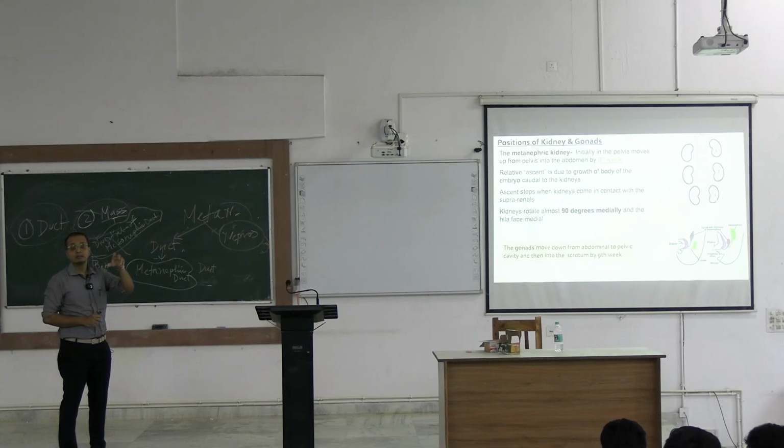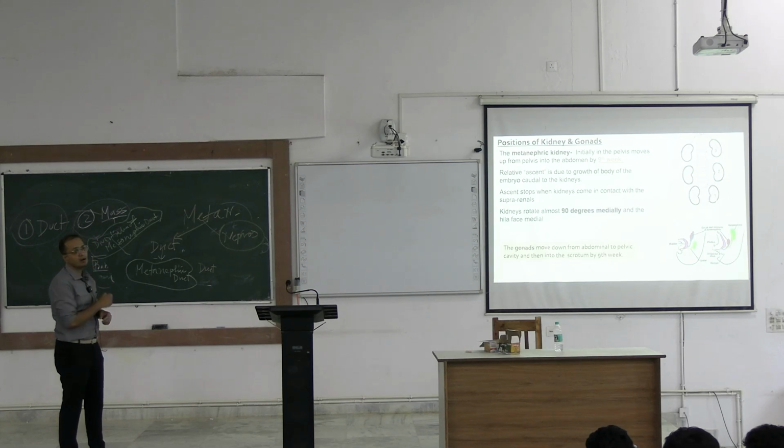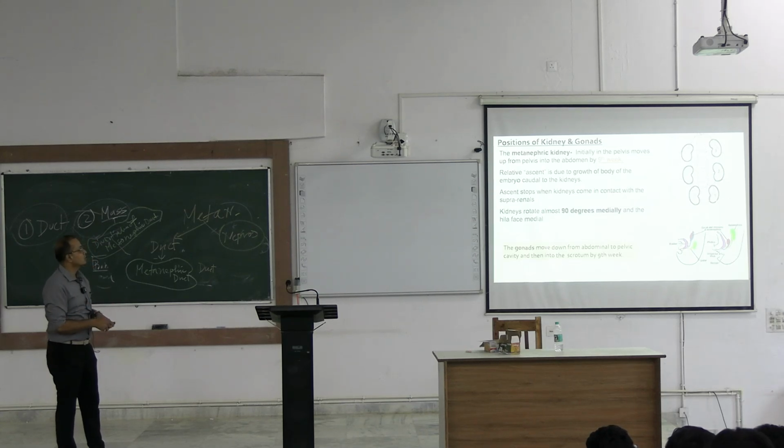That means the kidney, from where it is developed, climbs up into a final position under the diaphragm. This change of kidney position we call ascent of metanephric kidney. The kidney is formed by the 9th week of life, this final version, and at the 9th month of life we see it present at the undersurface of the diaphragm.